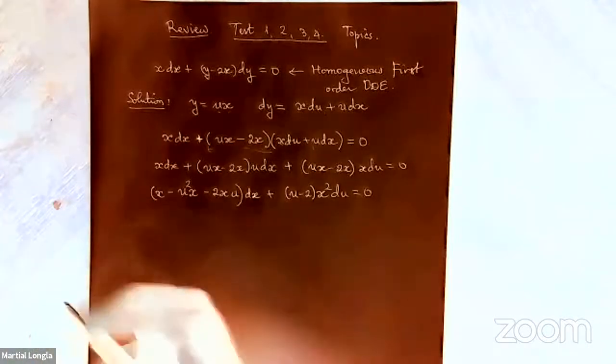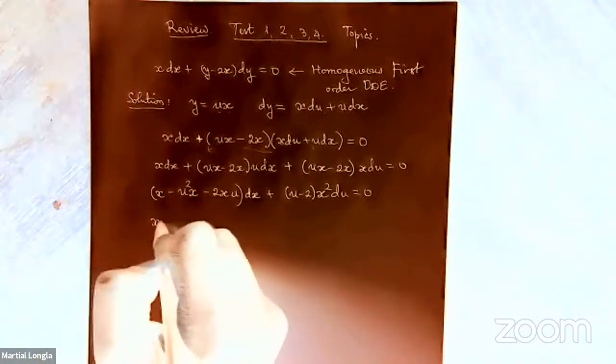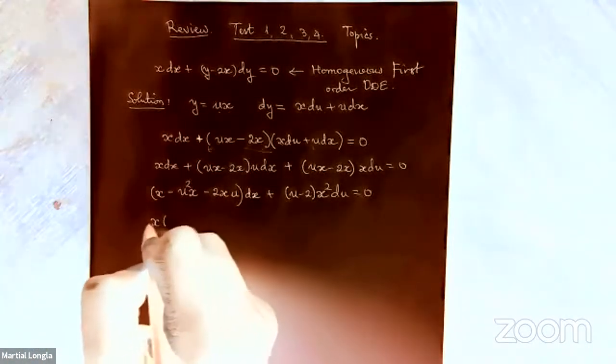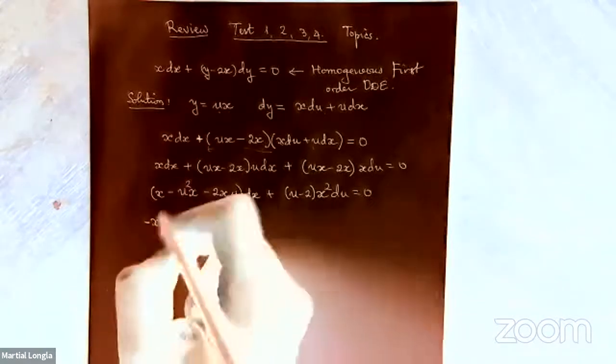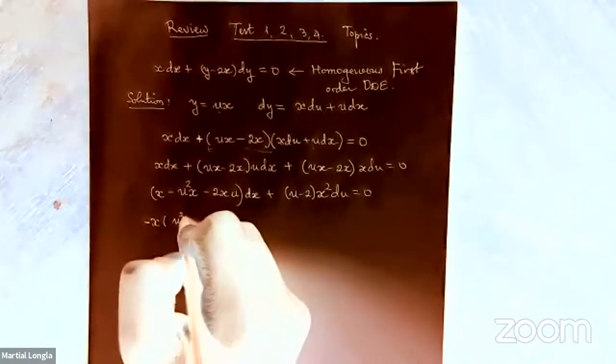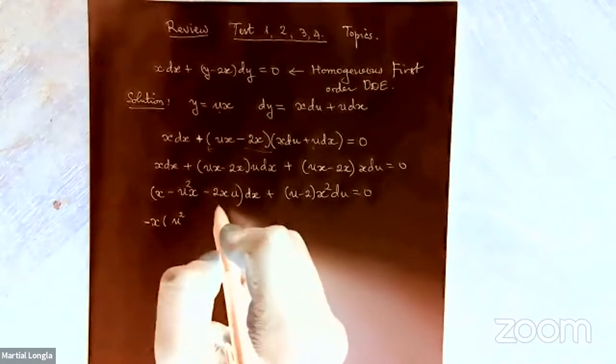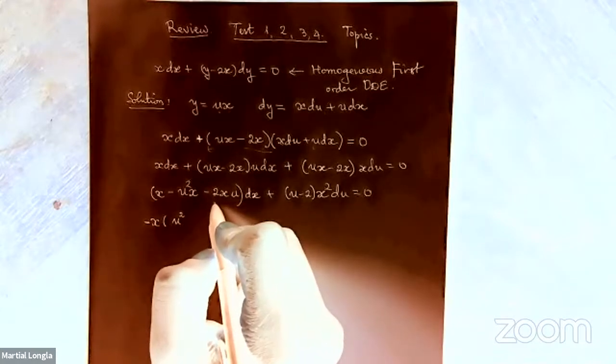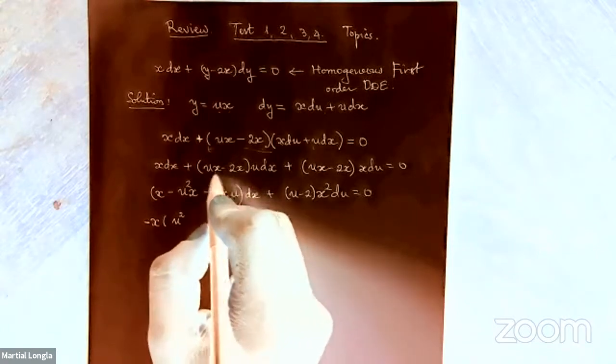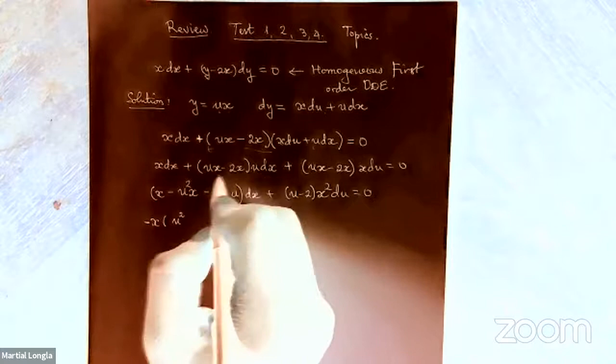Now we can factor out here x. We can actually put minus x out there. So that's going to be u squared. And by the way, why is it minus here?